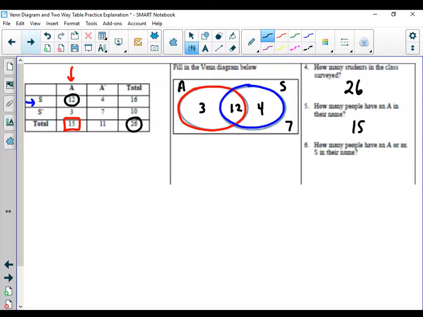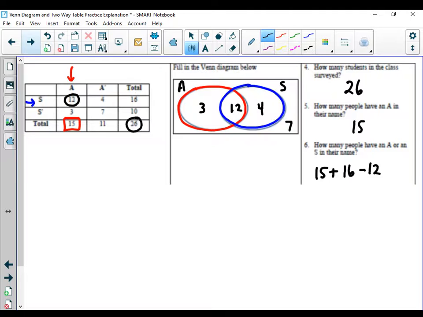How many have A or S in their name? Well, I can go through and think about there were 15 with A. There were 16 with S, but there were 12 with both.